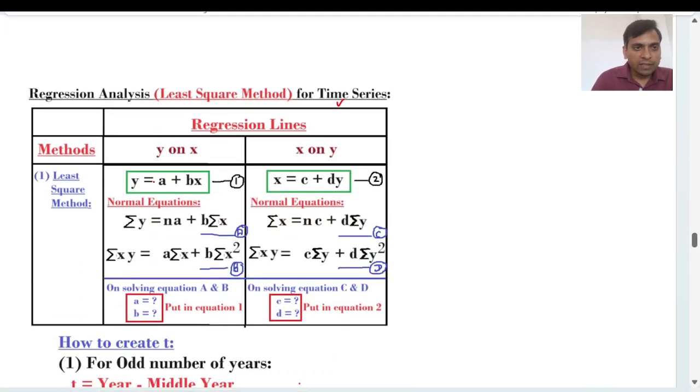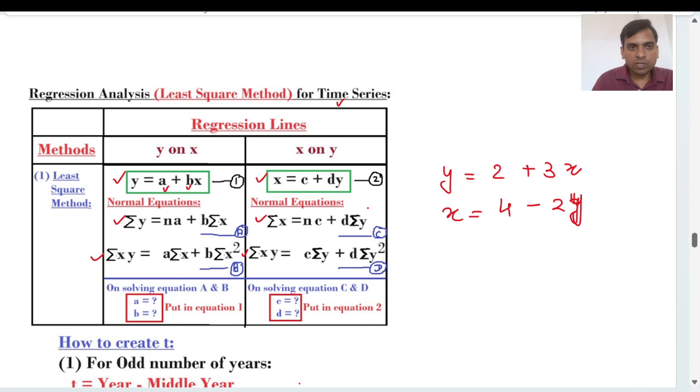So we need to find these two equations, first Y on X and second X on Y, for advertisement expenditure and sales. Suppose these two equations are solved by using the two normal equations, and then you find the values of A and B, and you will get equations like Y equals 2 plus 3X and X equals, suppose, 4 minus 2Y.